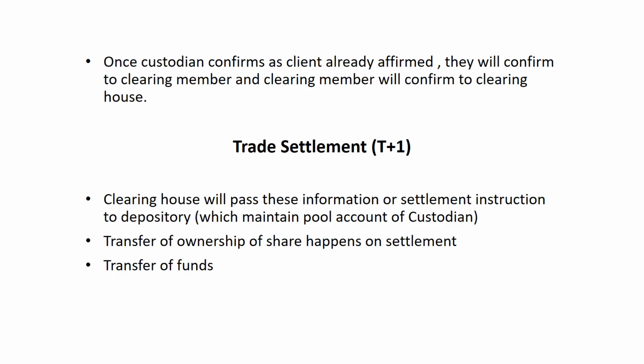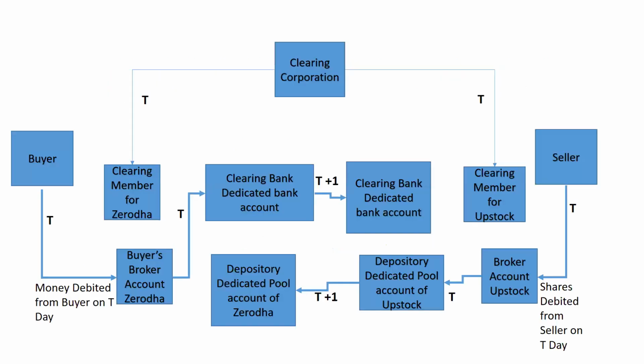I have created one more diagram also. Suppose you are the buyer and you are buying a TCS share. Today will be the trade day, denoted by T. Money is debited from the buyer on T day.